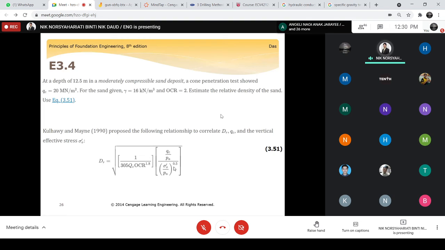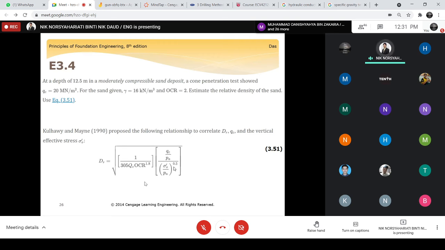So in example 3.4, they just ask to use the equation for the density of the sand. So just check. Even though you have a list of equations, if your question, let's say in test 1 or in the final exam, says to use Kulhawy and Mayne for sand in order to find the relative density, just use the appropriate one.